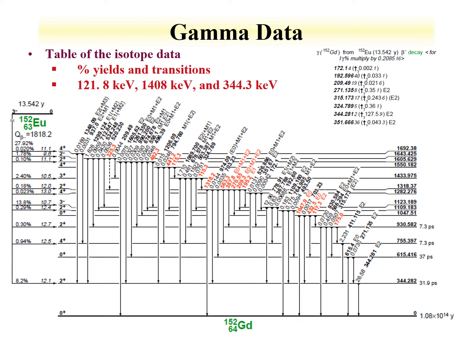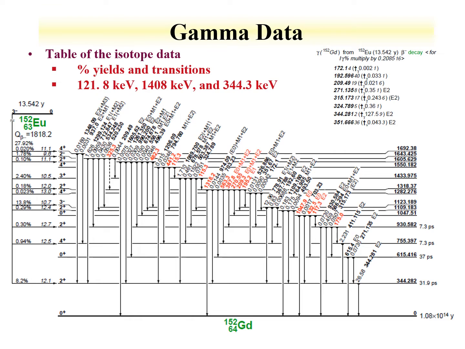Now if we look at some table of the isotope data, and we can get percent yields and transitions for gamma decay from this data, we see here's europium-152 decaying by beta emission, going to gadolinium-152. And from the chart of the nuclides, we know that there are 3 main gamma decays.